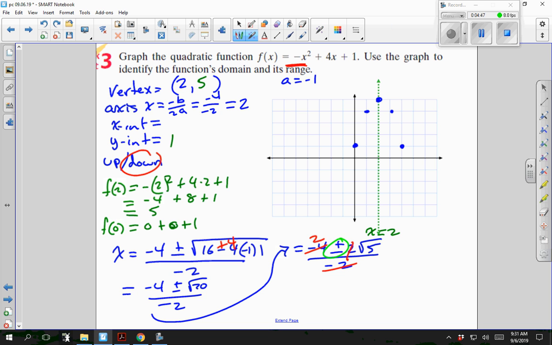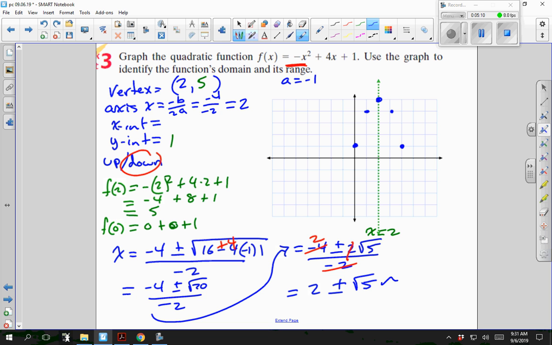When you divide plus or minus 2 by negative 2, it becomes negative 2, positive 2, which, again, is irrelevant. So it's still plus or minus 1, right? Let's rewrite that as 2 plus or minus root 5.